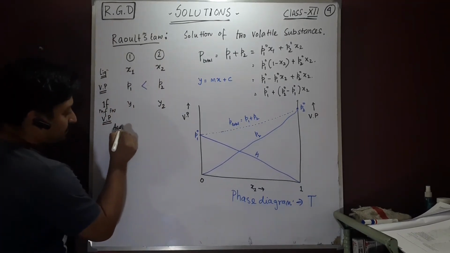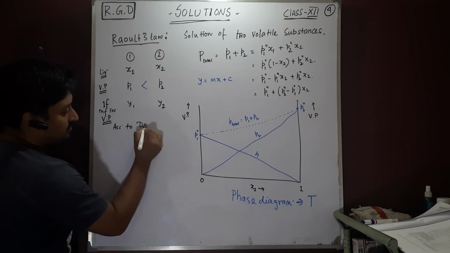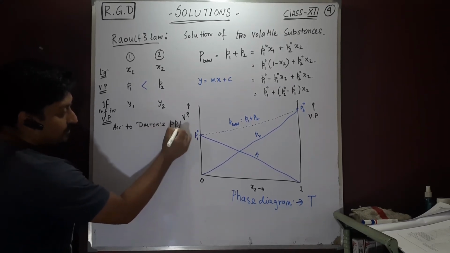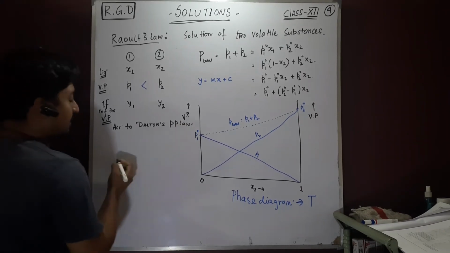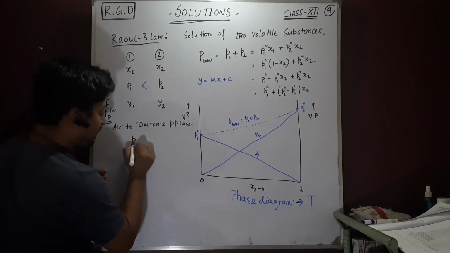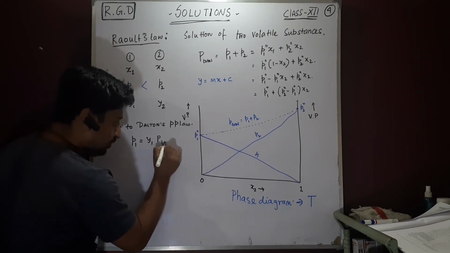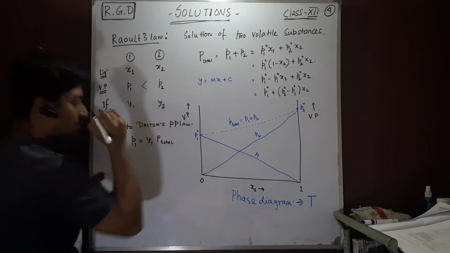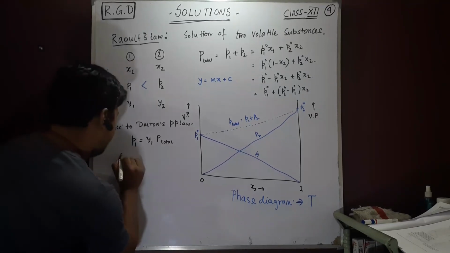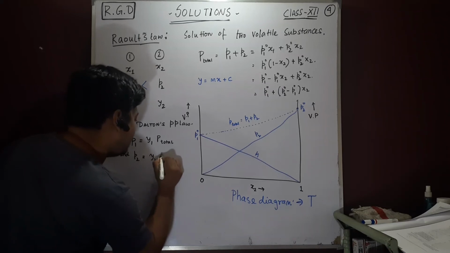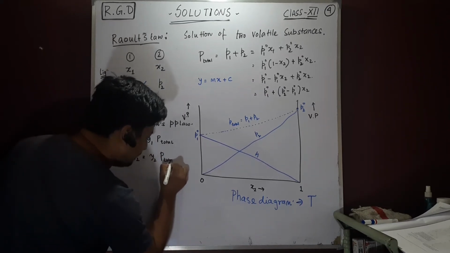According to Dalton's partial pressure law, we can write P1 equal to Y1 into P total, right? And P2 equal to Y2 into P total.